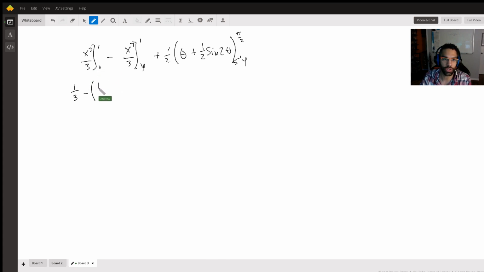Let's see, that's 1/3 minus phi cubed over 3 plus, now we're going to have a 1/2 here in the front. And now here, evaluating this theta gives us pi over 2. And then we're going to plug this in here. And now when we have pi over 2 plugging into theta here, we're going to get sine of pi, which is 0, so we can just ignore that.